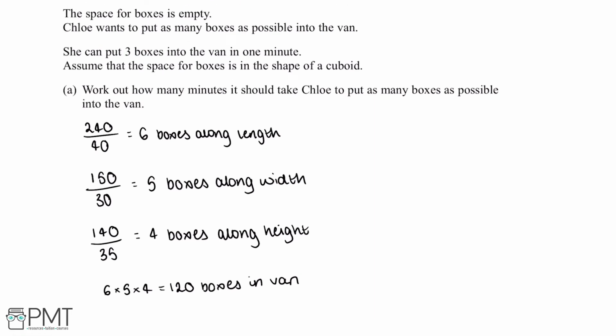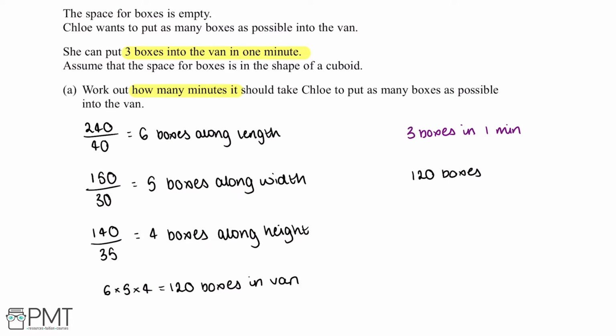So the final part of this question is to work out how many minutes it would take Chloe to put the boxes into the van. She can put 3 boxes into the van in 1 minute. However, we have 120 boxes.